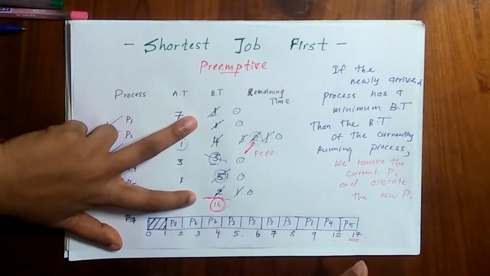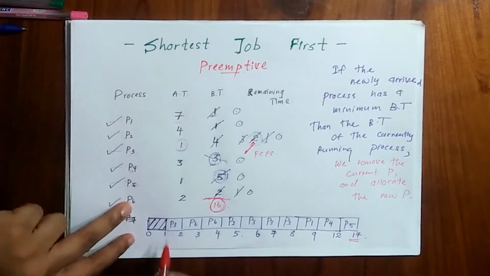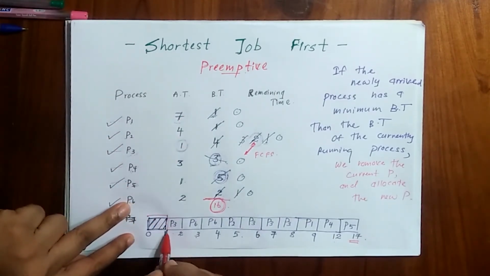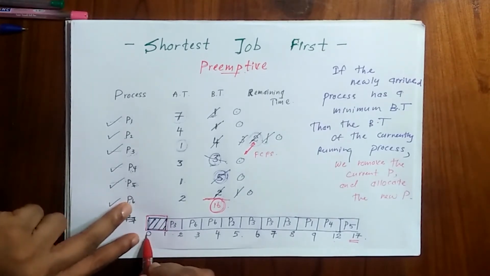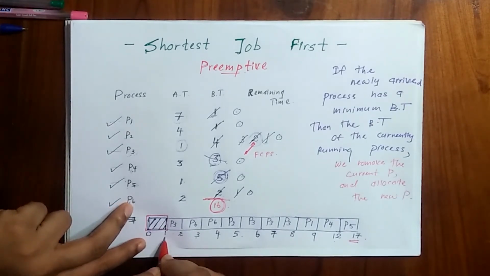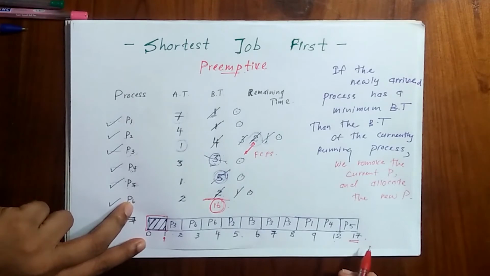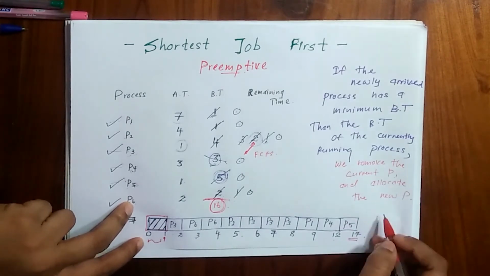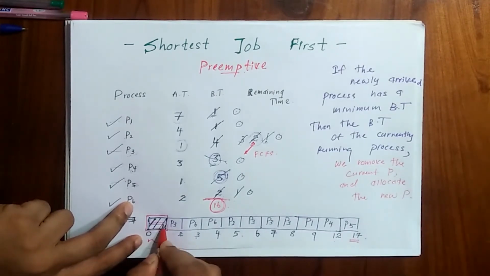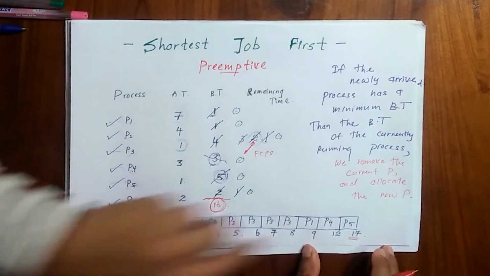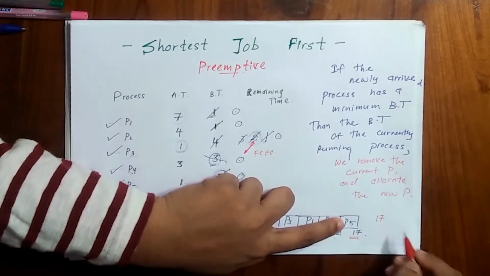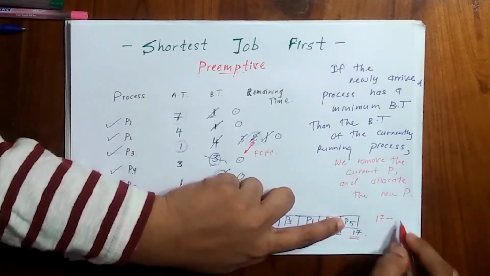Now, no processes arrived at 0; the first 2 processes arrived at 1. So we have to subtract this 1 from this 17 because no processes are here. So the answer becomes 16.